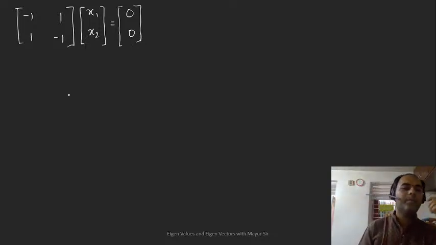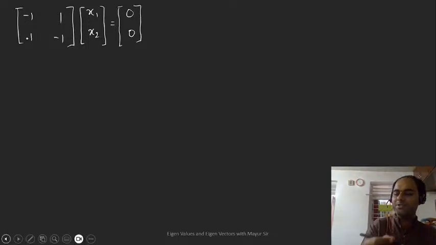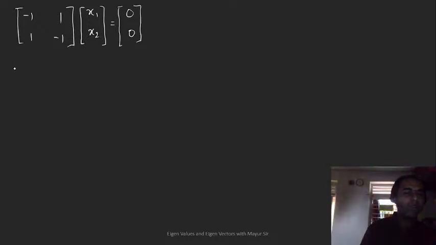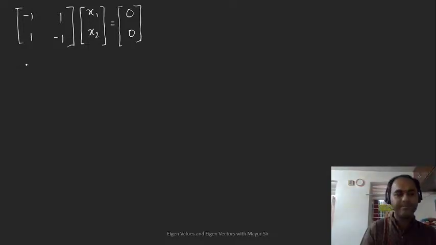Now what we do here, minus 1 1, 1 minus 1 we have. Now see, when we simplify this further, essentially the first row is the negative of the second one. So we will now do r2 changing to r2 plus r1.